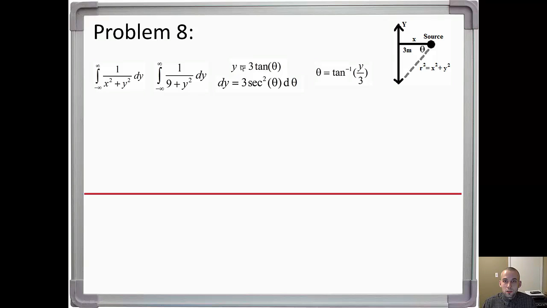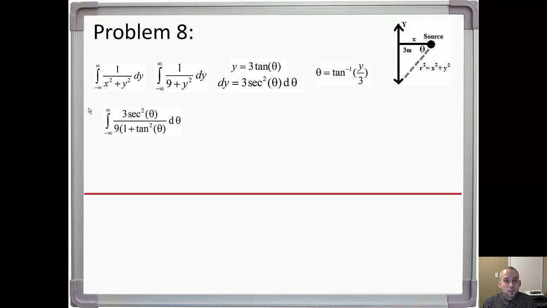Bring the 3 over to get y. If I take the derivative of this, it's equal to 3 secant squared theta d theta. And I can rearrange this: inverse tan of y over 3 is equal to theta. So I have all those now.